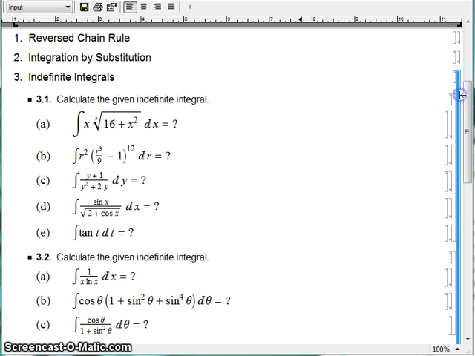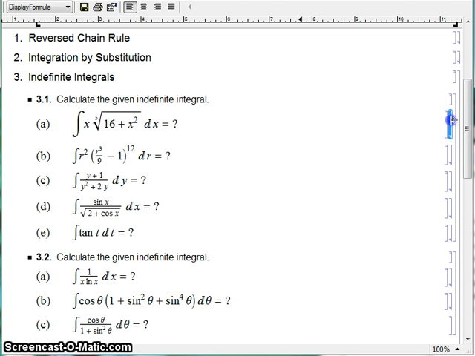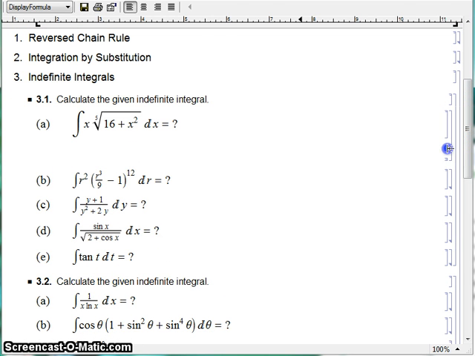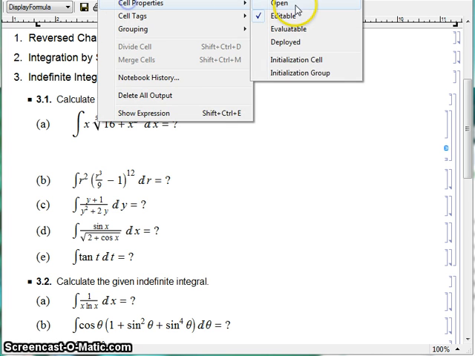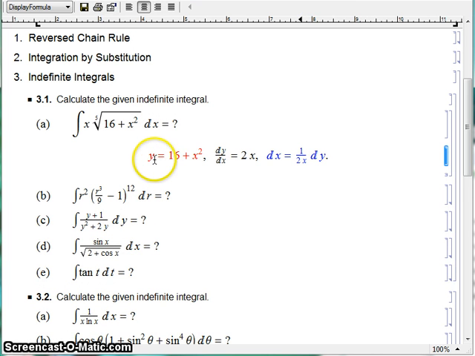Here it is. Let's look at the first example. We take y as the inside of the composite function. Go ahead with the derivative. It's an easy computation. dy/dx is 2x. And step 3 says express dx. So for dx, it is 1 over 2x times dy.